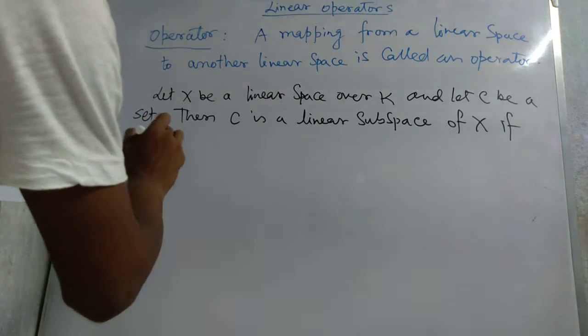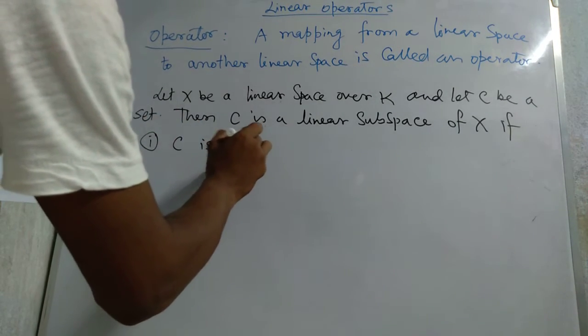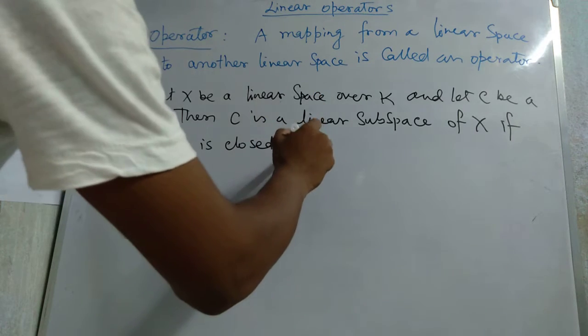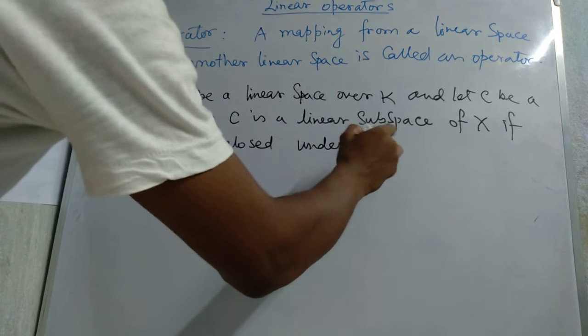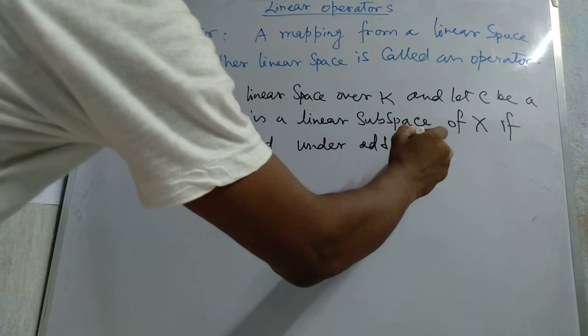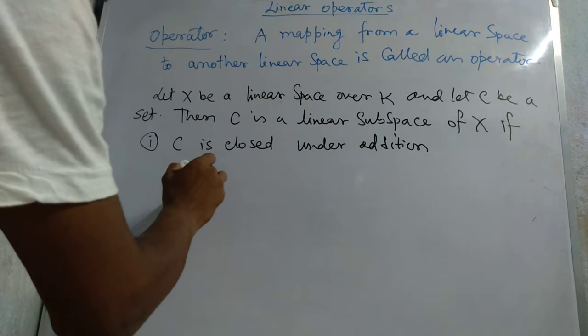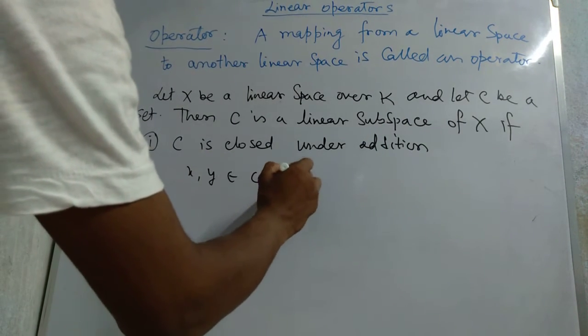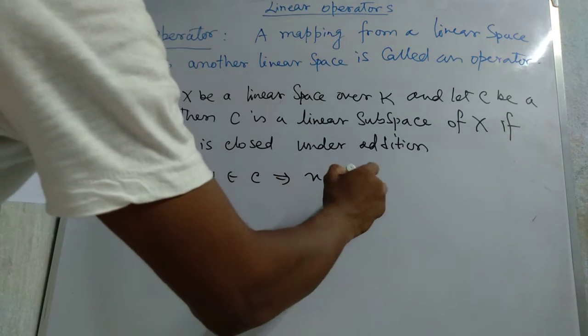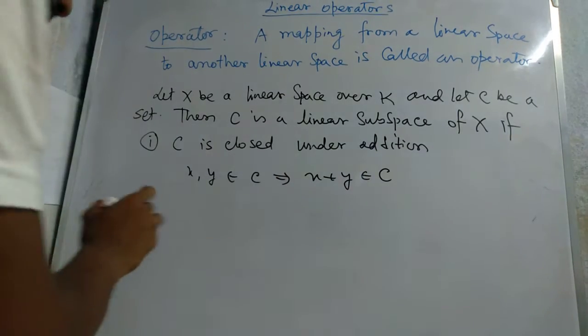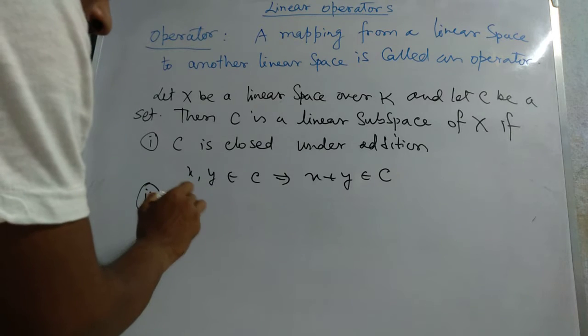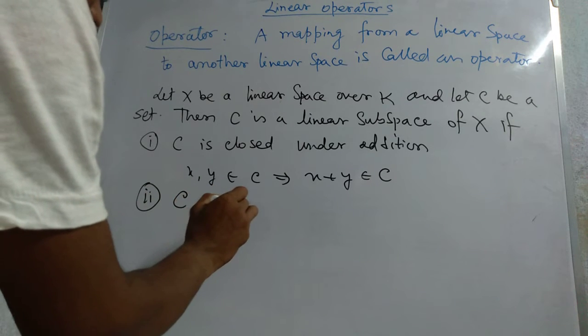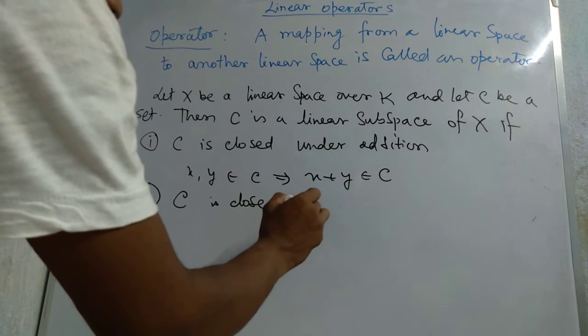first, C is closed under addition. That means x, y belong to C implies that x plus y belongs to C. And number 2, C is closed under scalar multiplication.